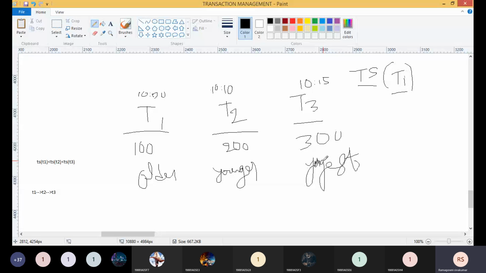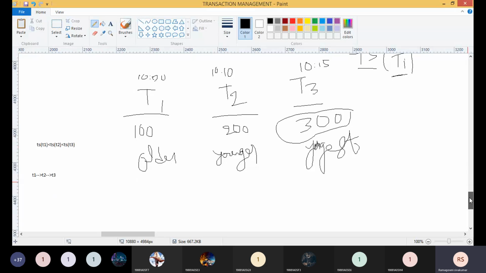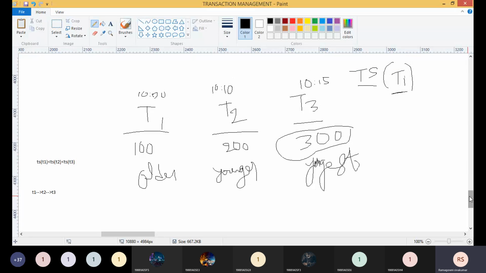That means, what is the latest value of transaction Ti? Yes, all of you, tell me which one is latest. See the rule.